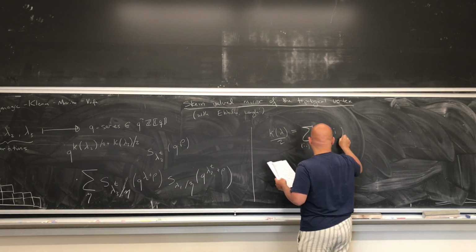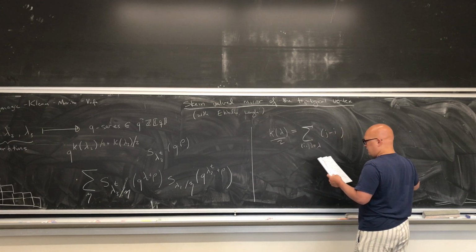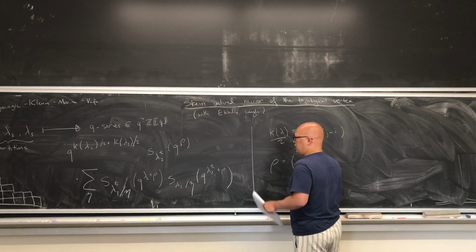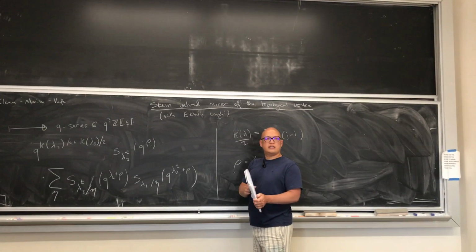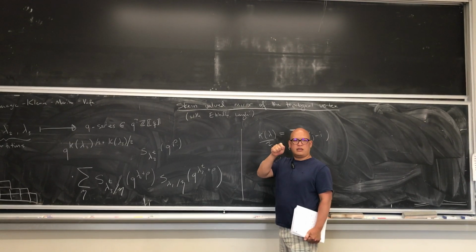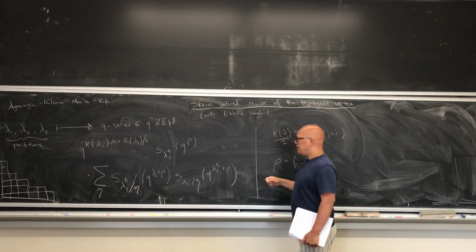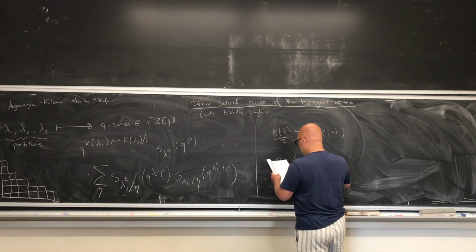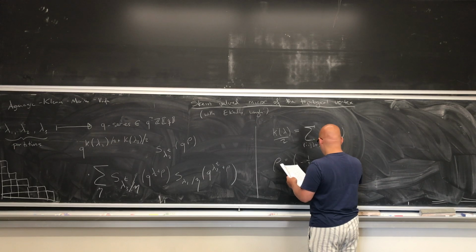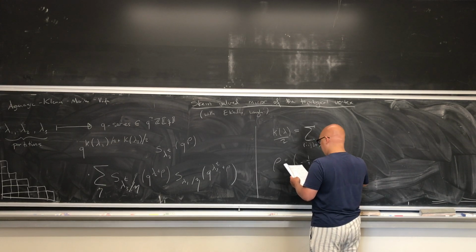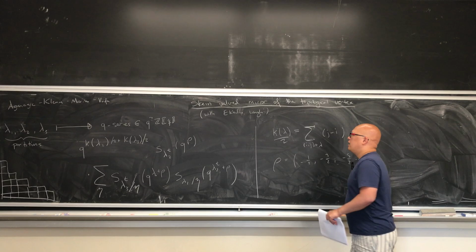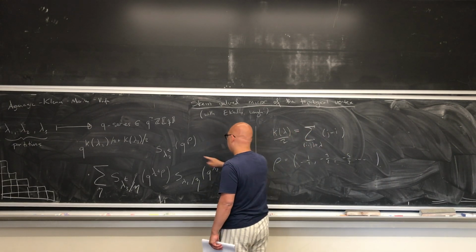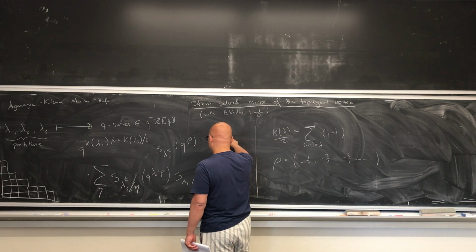So this is what's called the total content of the partition, and this rho is, so a Schur function, you input into it an infinite sequence of numbers, and this rho is q to the minus 1/2, minus 3/2, minus 5/2, and so on. And so this means that into this guy, I put the infinite sequence of numbers q to the minus 1/2, q to the minus 3/2, q to the minus 5/2.